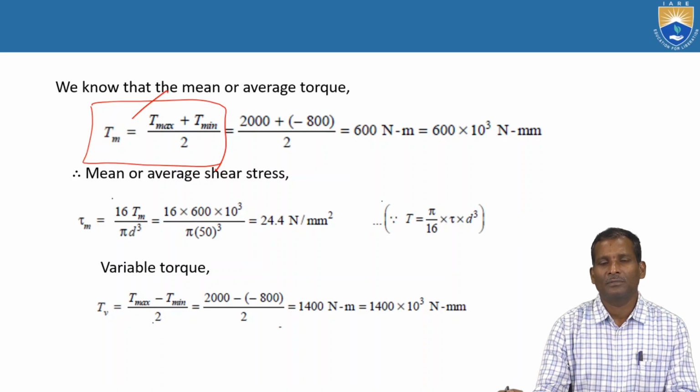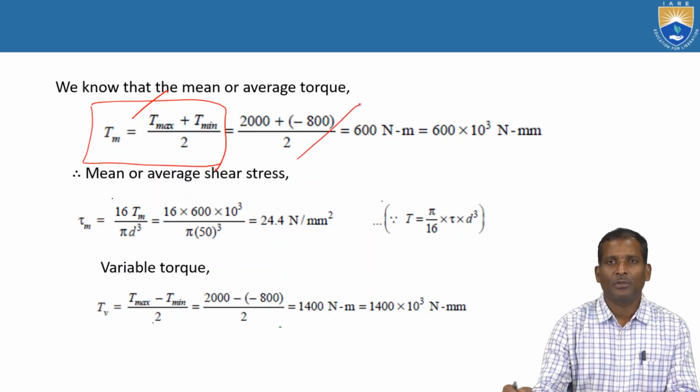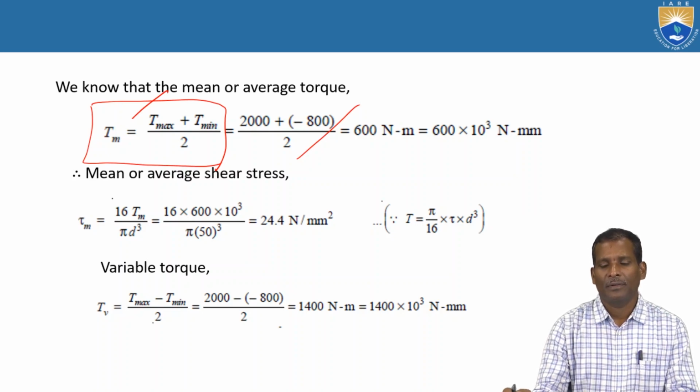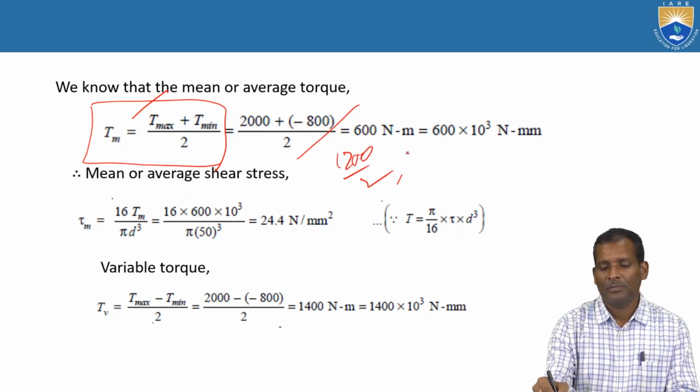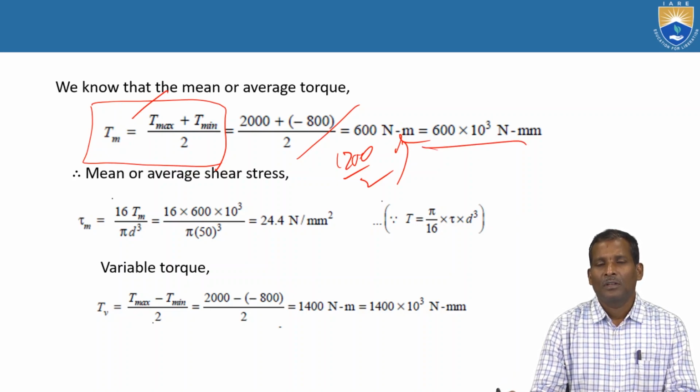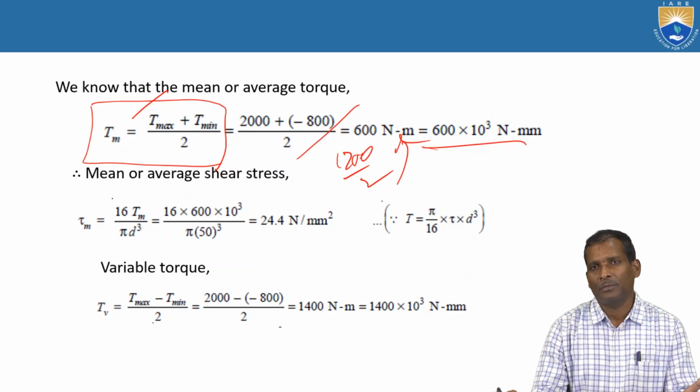Maximum torque is given as 2000 and minimum torque is minus 800, so substituting those values, 2000 minus 800 is 1200, divided by 2 gives 600 Newton meter. Convert into Newton mm by multiplying with 10 cube. Since the torque fluctuates from minimum to maximum, you have to calculate the mean torque.